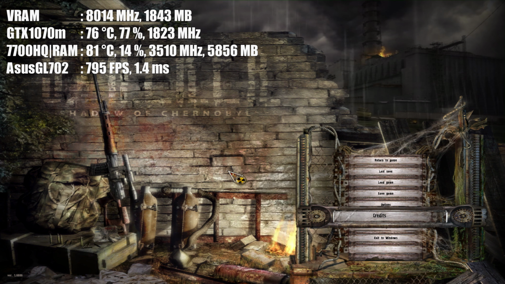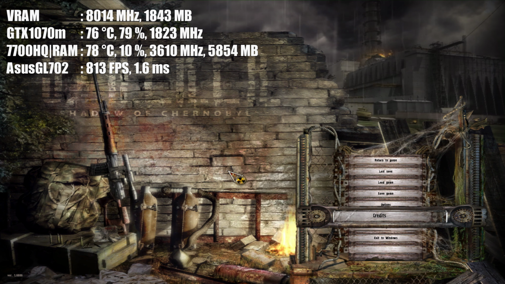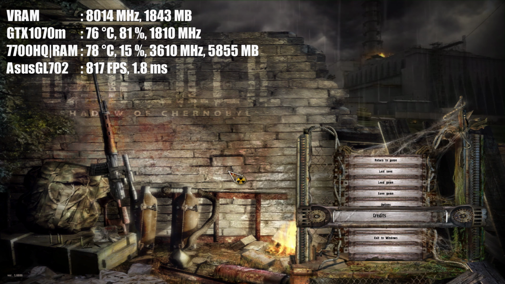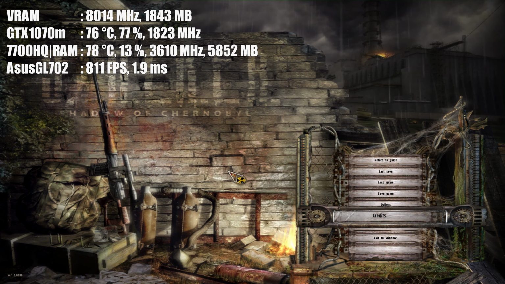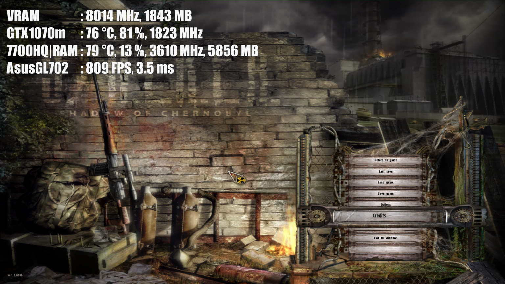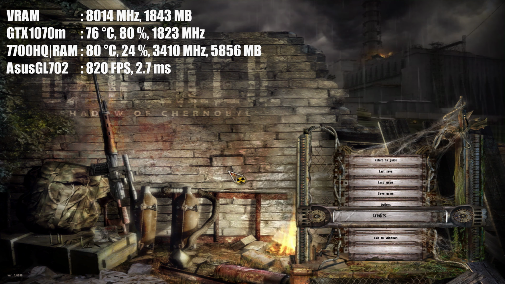The total VRAM usage can go up to 8,192 megabytes, but sometimes the Windows 10 operating system utilizes 128 megabytes, sometimes 256 megabytes, as pre-cache of that VRAM. So pretty much you don't want to go above 8,000 megabytes if you're running video cards with 8GB of VRAM. Then I have the GPU temperature, 76 Celsius.